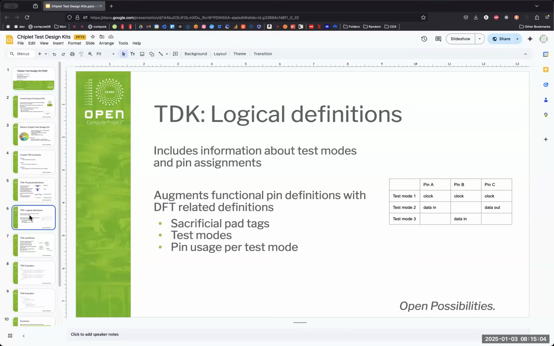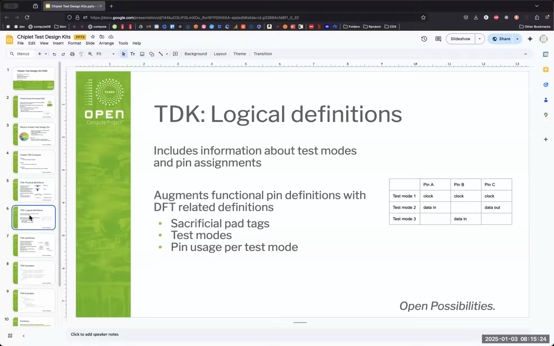And again, there's a definition of whether that pin is test only, right? In cases for sacrificial pads, or even a test only pin by itself, even if it's bumped, we can handle that and say, hey, this is a test only pin.